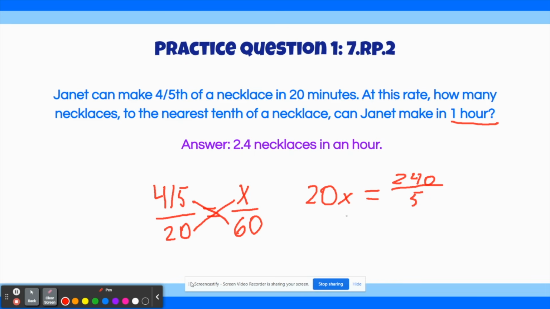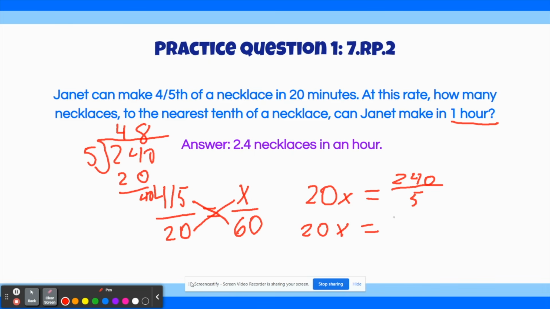So we can simplify the right side of it by dividing 240 over 5. So we get 48. 20x equals 48.